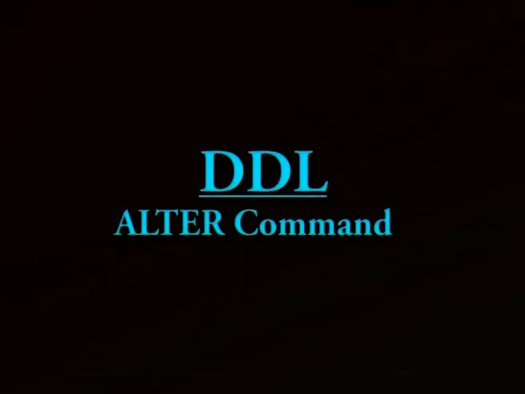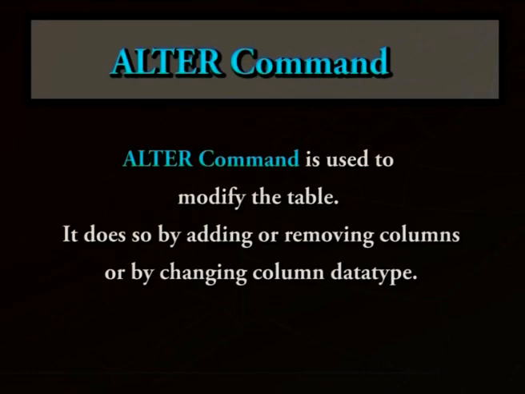After creating the table, we may sometimes need to modify it. So, with the alter command of SQL, we can modify the table schema. Thus, the alter command is used to modify the table. It does so by adding or removing columns or by changing the column data type.